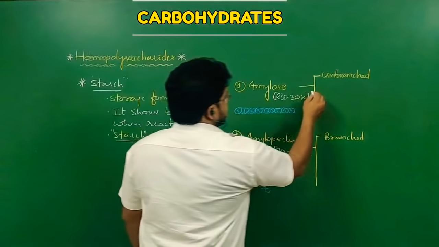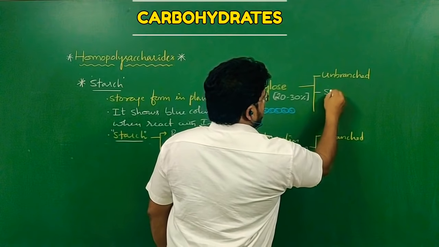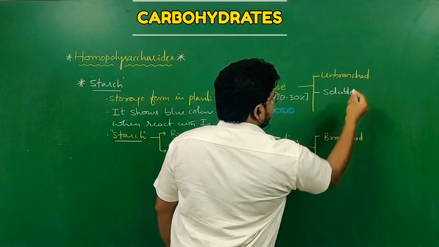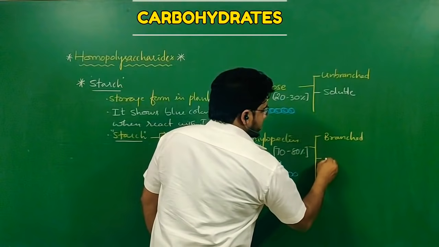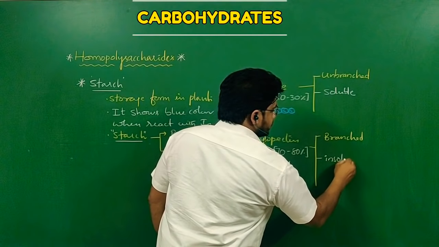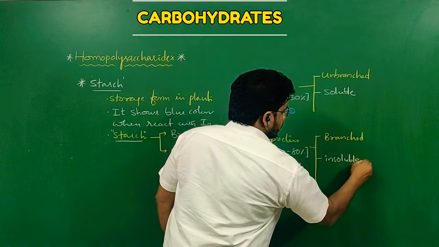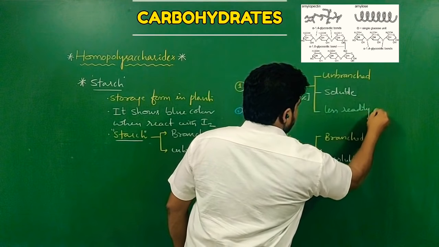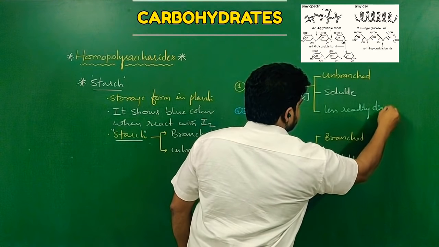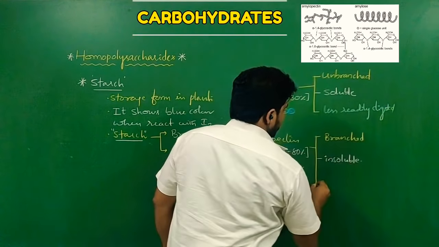The second thing is amylose is soluble in nature, whereas amylopectin is insoluble in nature. The third difference is amylose is less readily digested and amylopectin is more readily digested.